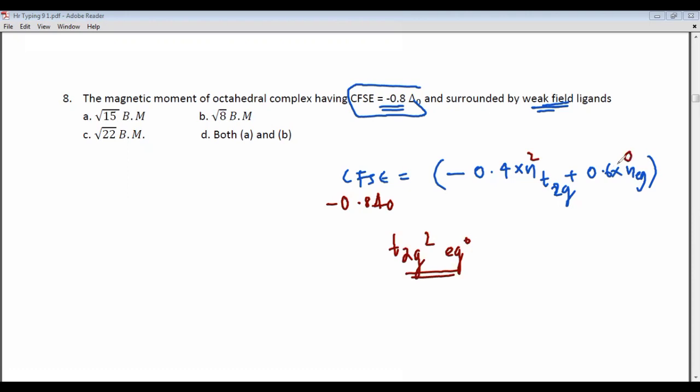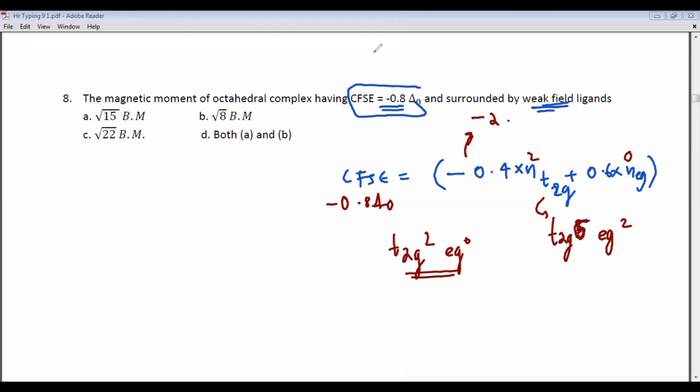Now minus 2.4. What about this one? t2g3 eg2, sorry, t2g5 eg2. t2g5 means minus 2.0 actually, right?